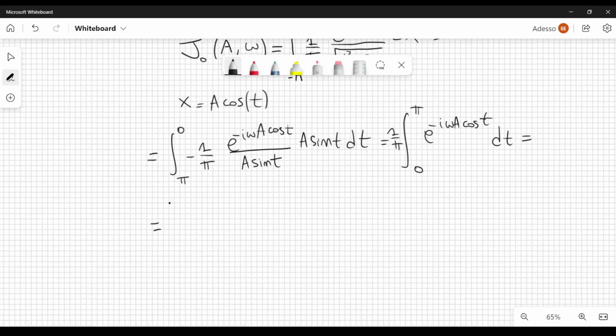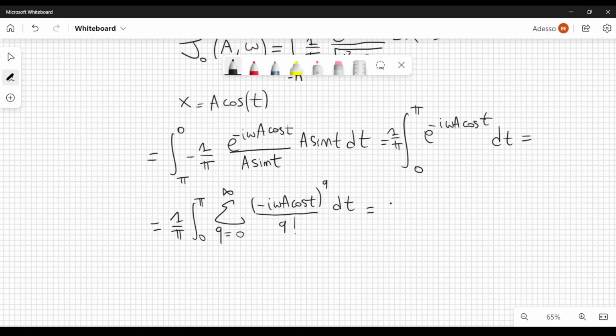So I can rewrite this as 1 over pi integral from 0 to pi summation over some integer q from 0 to infinity, and then here I have minus I omega a cosine t to the power q divided by q factorial dt.